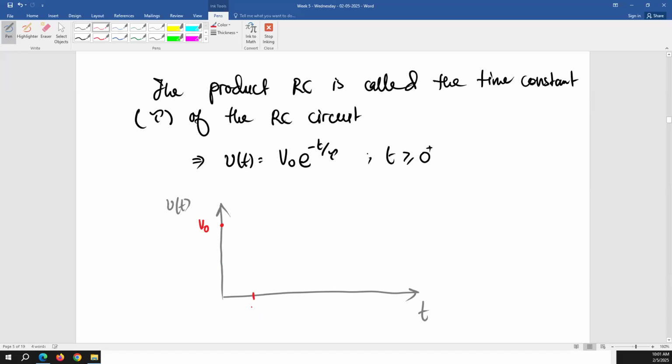So this is one time constant, let's say. This is 2 time constants. This is 3 time constants. 4 time constants. So when t is equal to tau, what is e to the power negative 1?